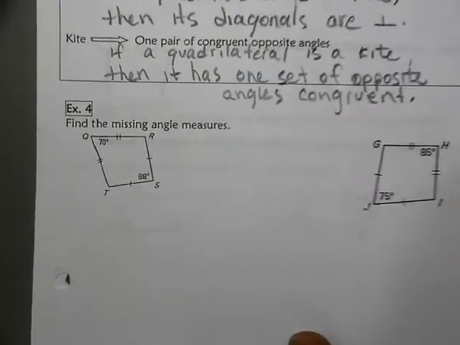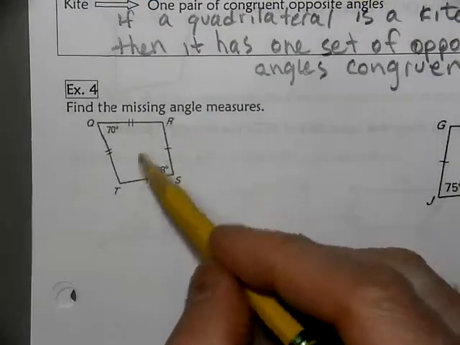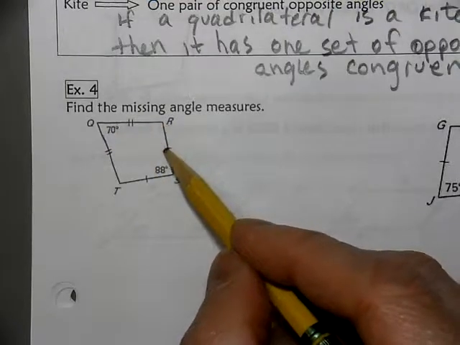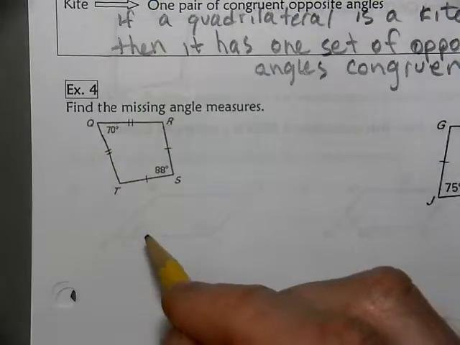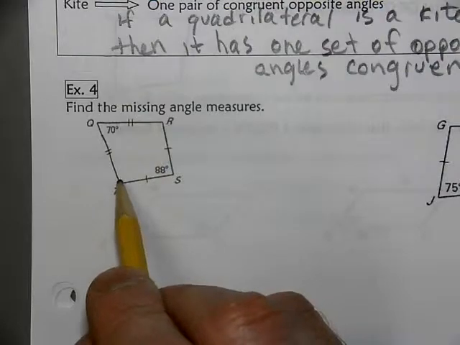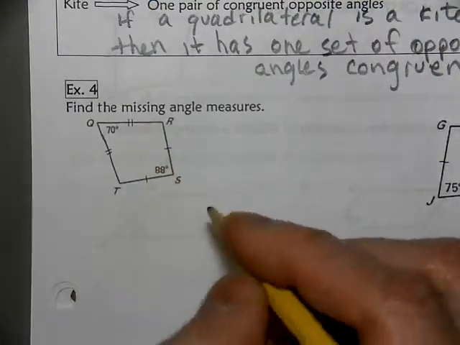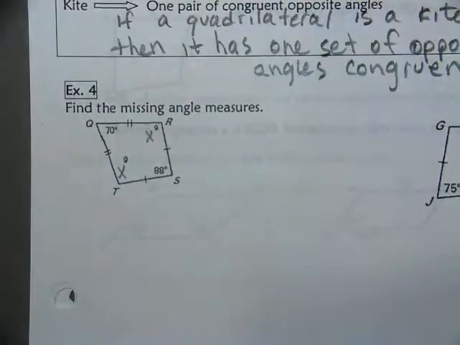So when we come down to look at example number 4, we have a kite because we are noticing consecutive sides that are congruent. So we're sure this is a kite. The shorter diagonal, the diagonal that touches the angles in between the different side lengths, we know that these angles have to be the same.